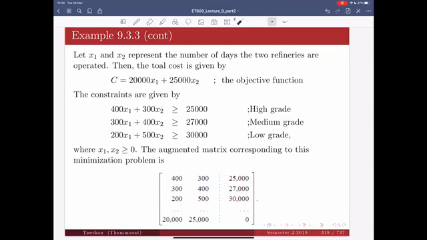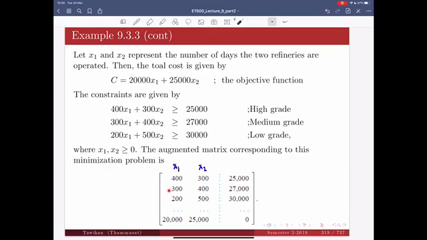As usual, since we have two variables, in the first column we put all the coefficients of S1, and the second column will contain all the coefficients of the S2 variable. So let's look at the first row. I got the elements in the first row by using the first constraint. The coefficient of S1 is 400, the coefficient of S2 is 300, and the constant term on the right-hand side is 25,000.